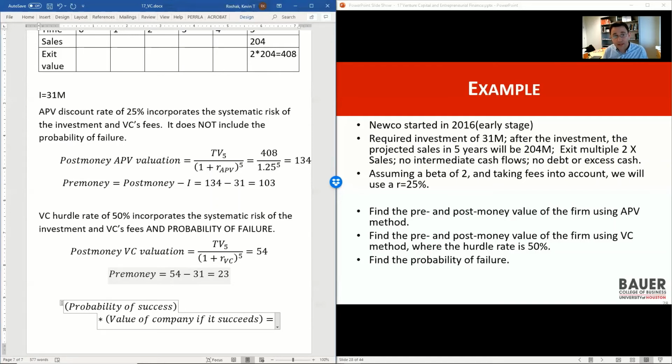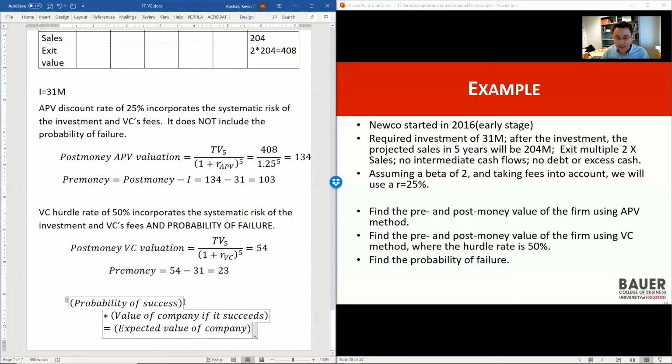You put those two things together, that's going to give us the expected value of the company. There's only some chance that it's going to succeed. If it succeeds, we're going to get a valuation there. We multiply the probability that it succeeds times the value of the company if it succeeds. That gives us the expected value.